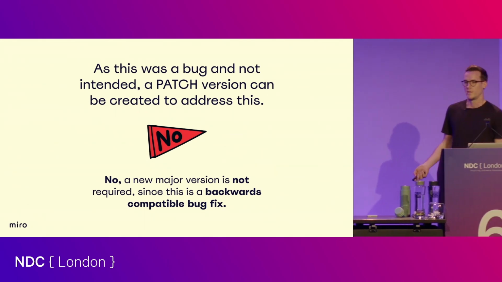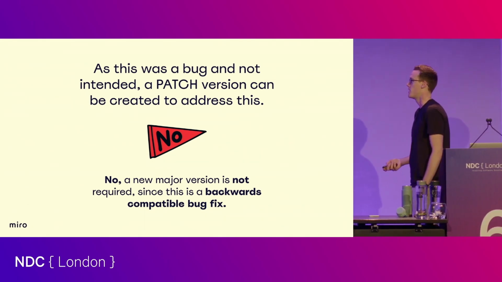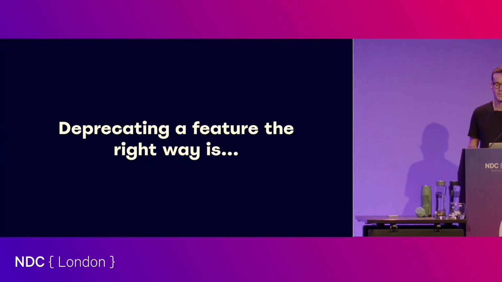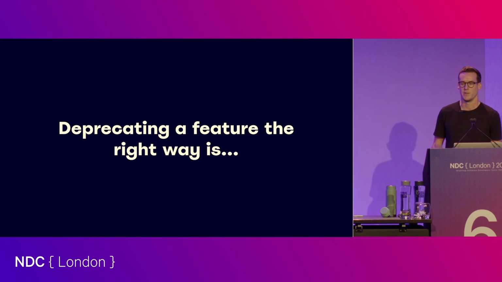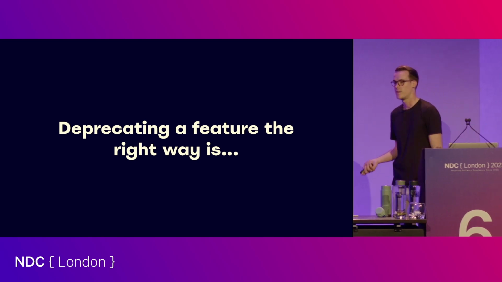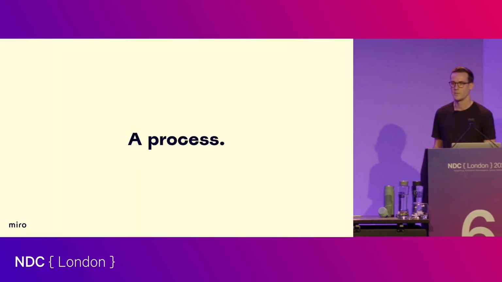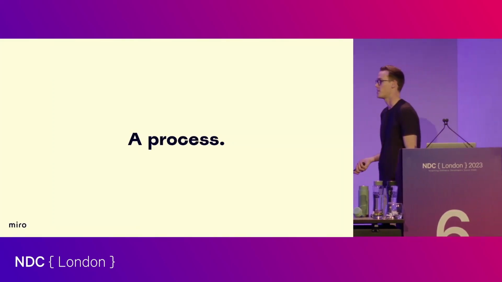So all this to say that deprecating a feature the right way is not something that can happen in a silo, and it's not something that can happen overnight. It's actually rather something that is a process.